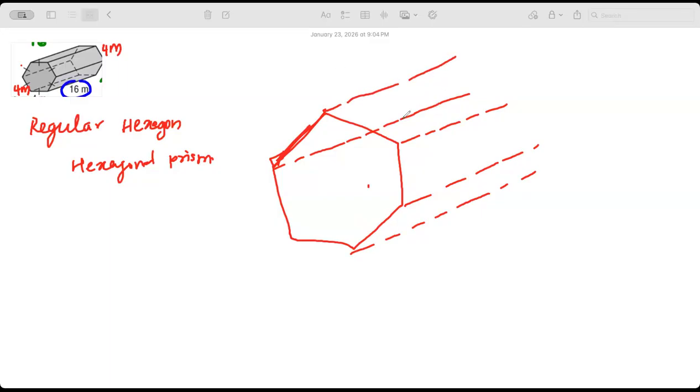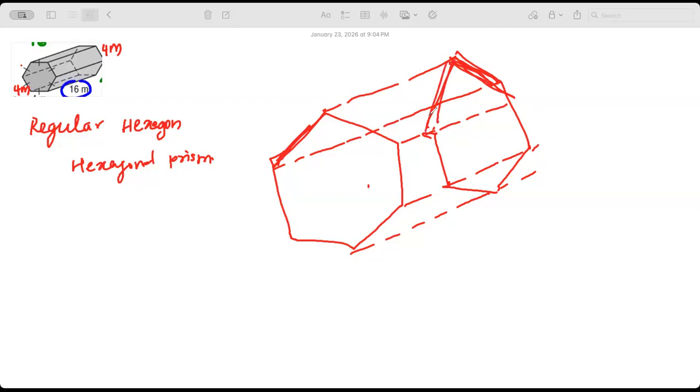Now again, this is going to go like this, and then this is going to go like this. I didn't do a proper job at all.